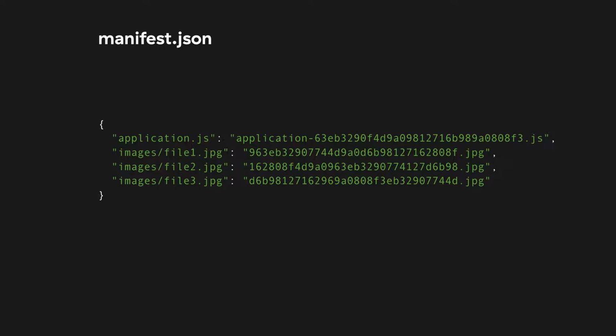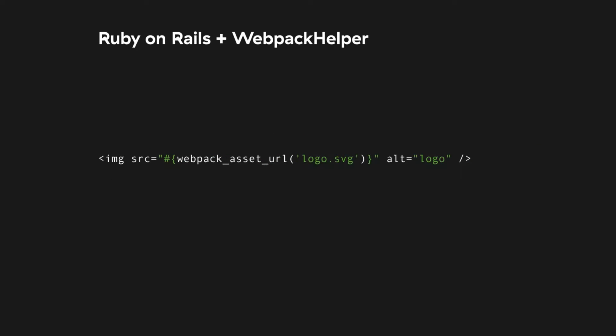And it will say, OK, I have application.js as an entry file, and application-6.3 whatever is the output file. And images file 1 is the input file, this is the output file, and etc. So you'll have mappings from the original files to the output files. And with that, you can write helpers in the different languages.